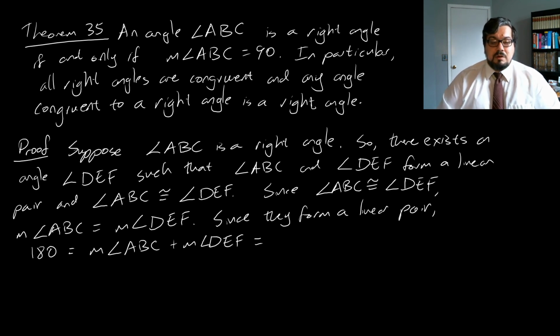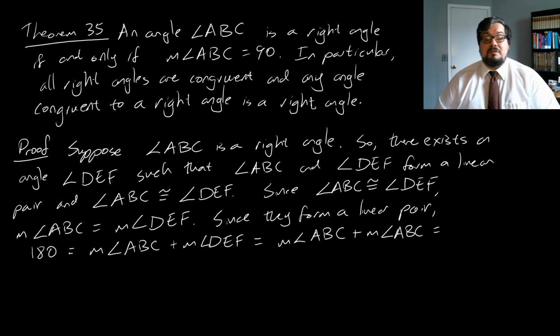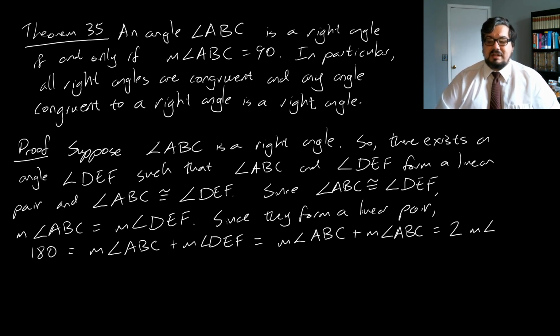But we just wrote that the measure of angle DEF is the same as the measure of angle ABC. Now remember that the measure of angle ABC is just a number, so since we've got it added to itself, this gives us 2 times the measure of angle ABC.